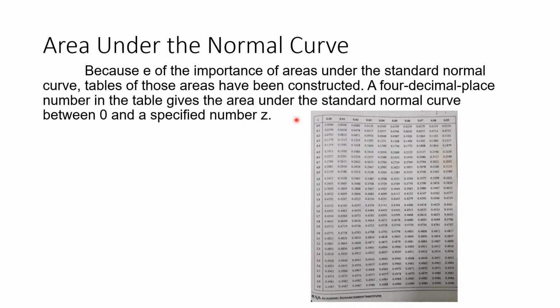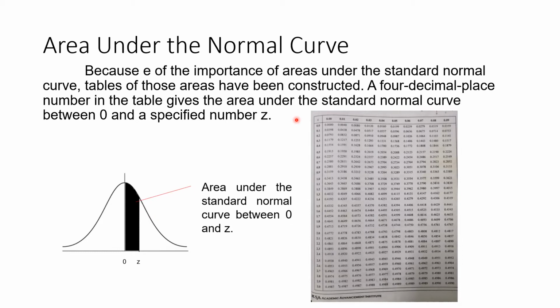This is the table that we're going to use in identifying the area under the normal curve. It is very important that we first identify the value of the z-score, because it will be the basis of our boundaries from the mean up to a particular z-score.